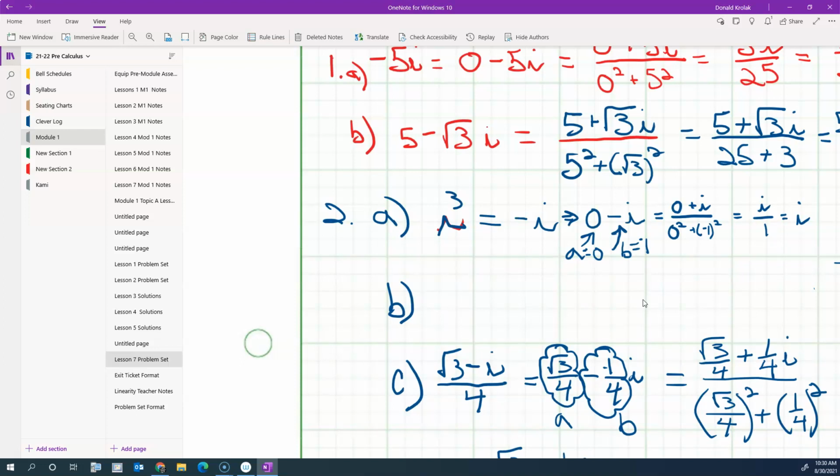So the multiplicative inverse of i to the third is actually i.